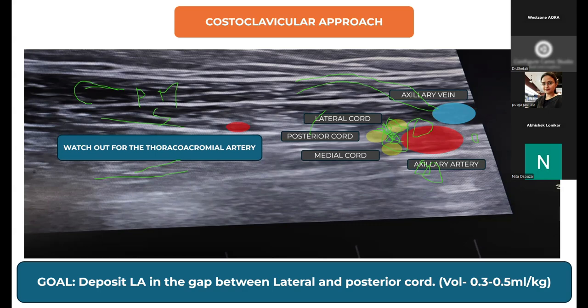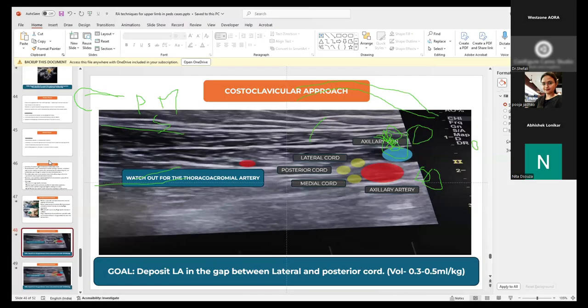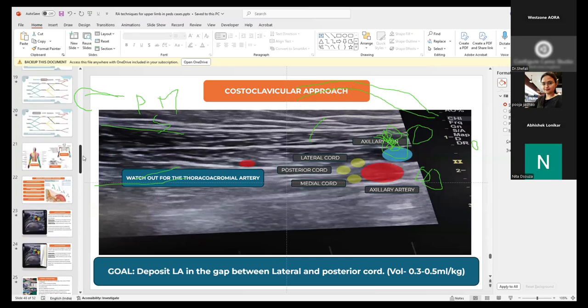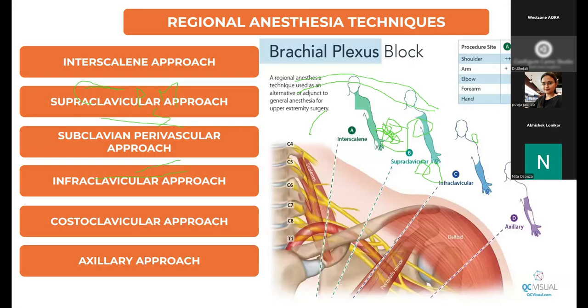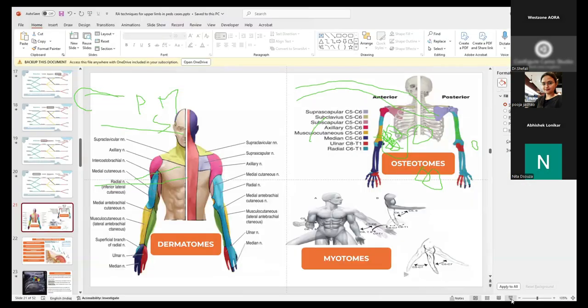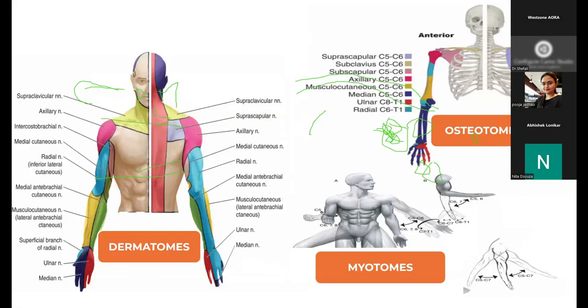I missed a few slides, Shefali. Did you mention the osteotomal supply of the hand? Yes, ma'am, I had a diagram that I had put in place. We usually only speak about the dermatomal supply. It's very important because most often in these kids, if you notice, there's never plating.